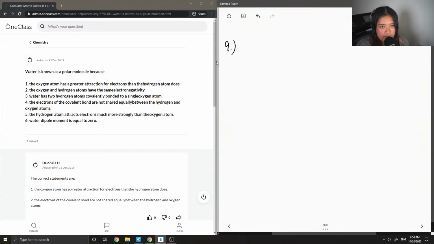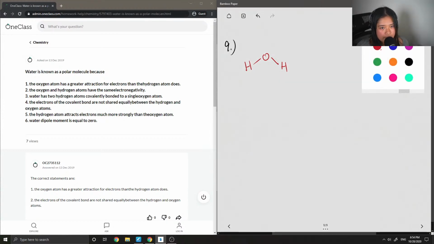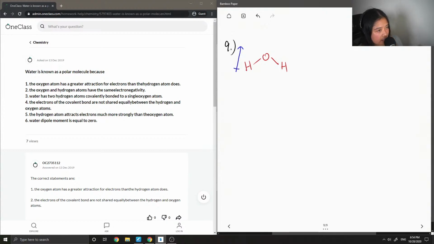So first I'm just going to write down the water molecule before we get into the specific options that they give us, just so that we're all on the same page. This is the water molecule. And oxygen is more electronegative than these 2 hydrogens. So I'm going to draw that it has a dipole moment going in the direction of the oxygen.